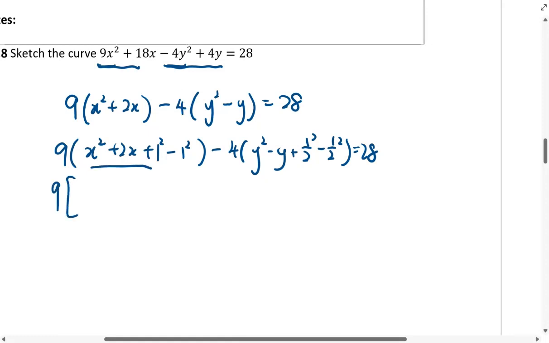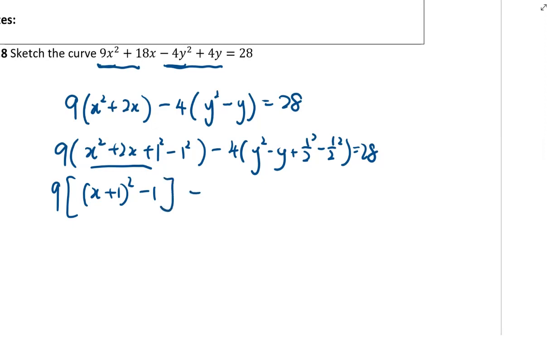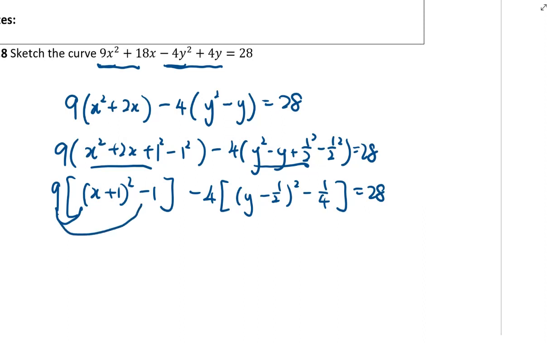9, this 3 guy completes the square to become x plus 1 square minus 1. These 3 guys complete the square to become y minus half square minus a quarter equals to 28. Expand. Sorry, the second distributive branch should not be there.